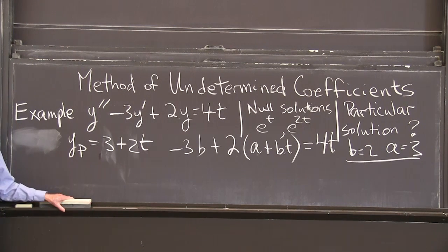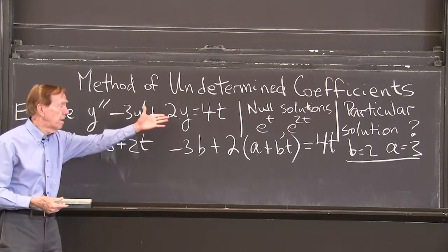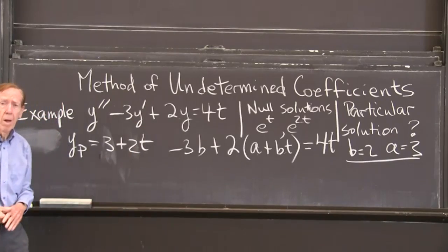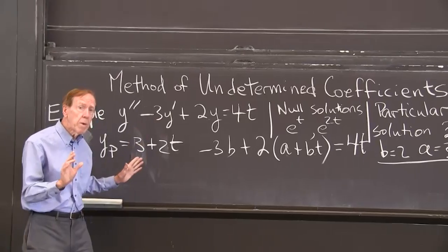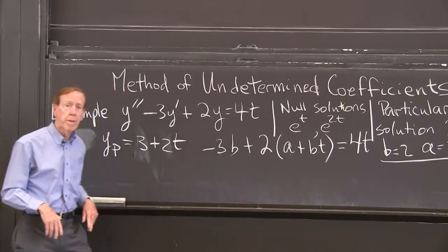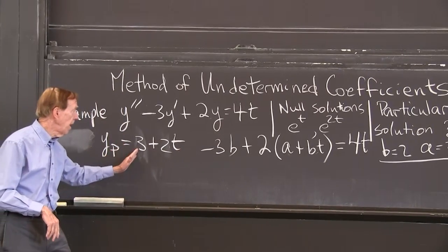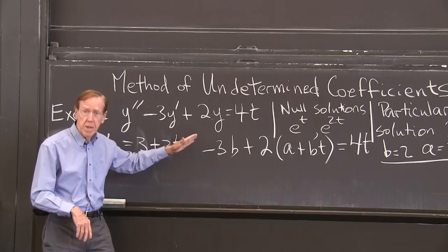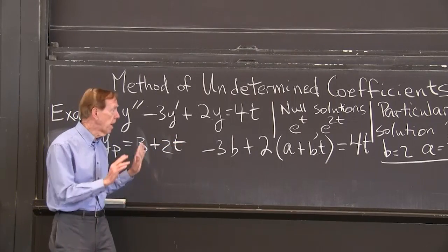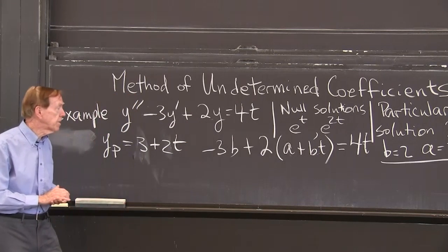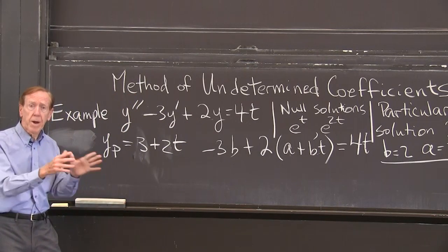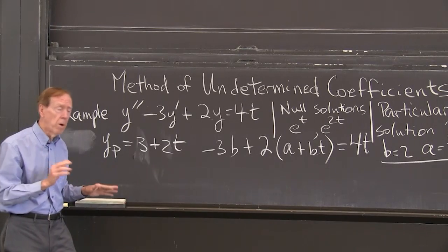What other right-hand sides? Once you get a nice one like this, you look for more. If it was t squared, we would assume, what would we assume if it was a 4t squared there? We would assume a plus bt plus ct squared. We want to match the right-hand side. Now, a different type of right-hand side we know already.